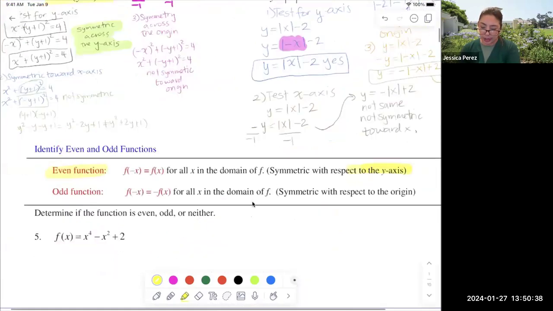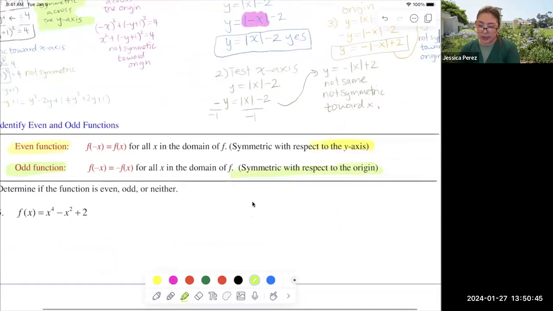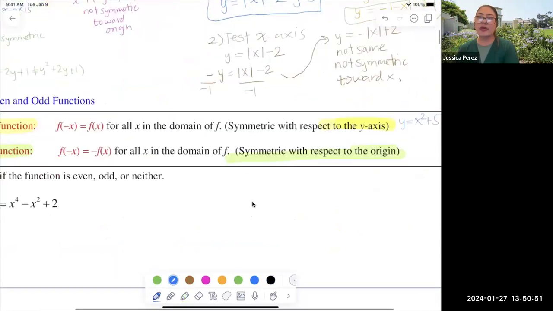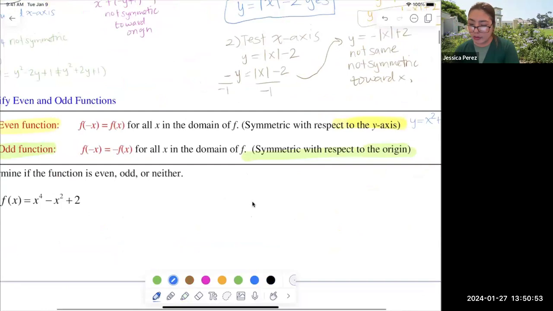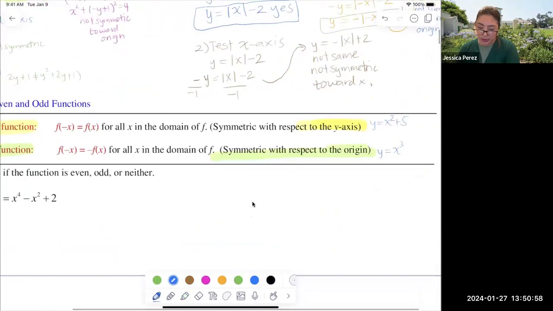We're going to have an odd function if we're symmetric across the origin. So on the top, we found y equals x squared plus 5 to be an even function because it was symmetric towards the y, and y equals x cubed to be symmetric towards the origin.